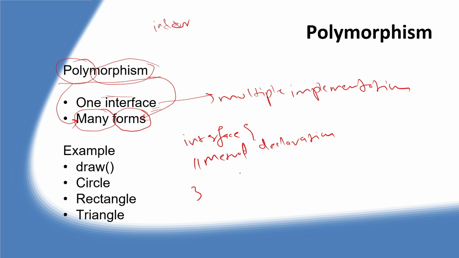So the class, let's say xyz, the name of the class, will implement an interface, any interface name, let's say abc. So it implements the interface, and here the interface name will be there.